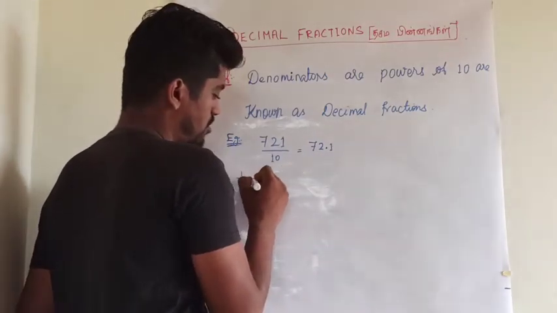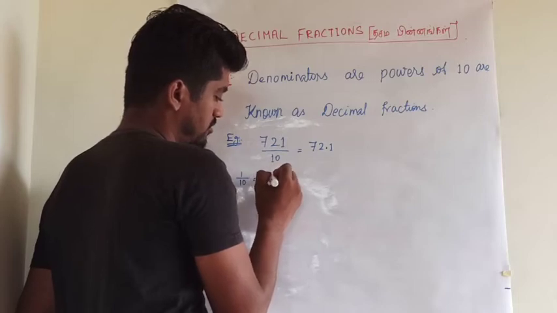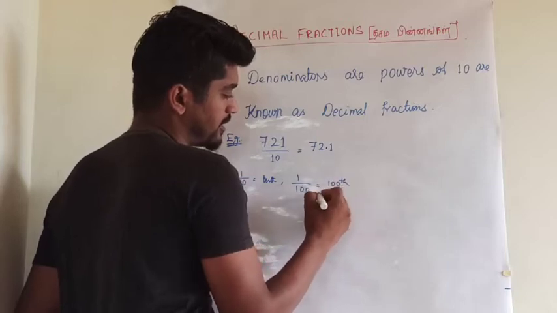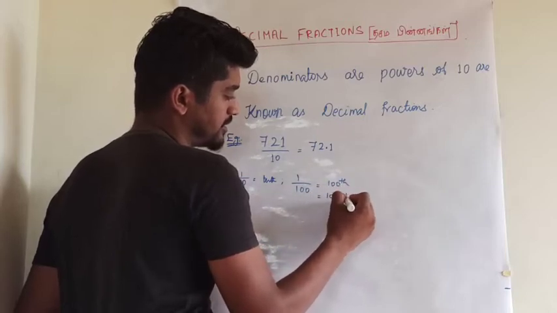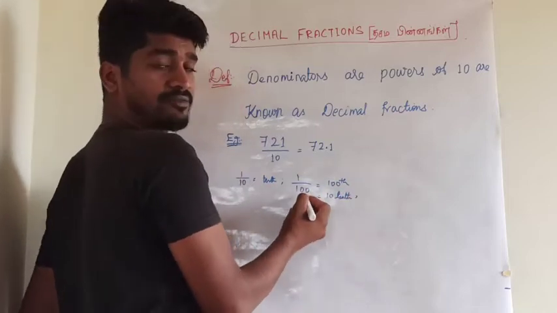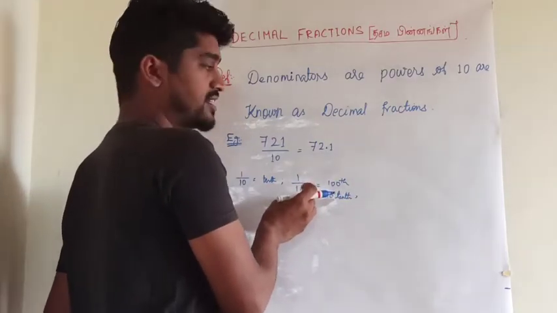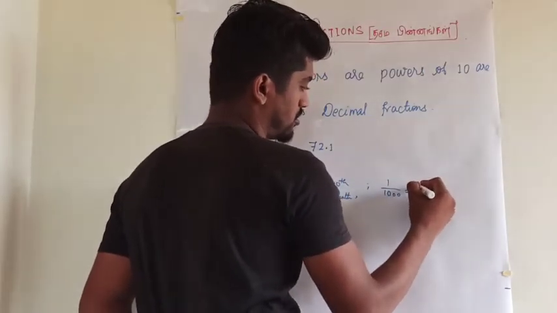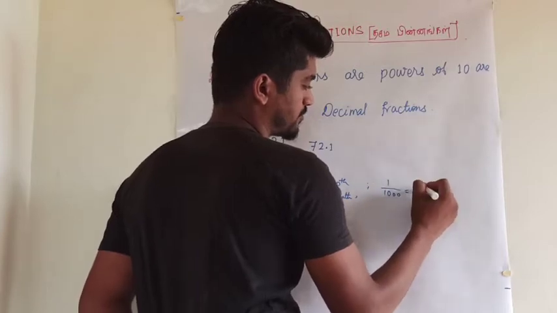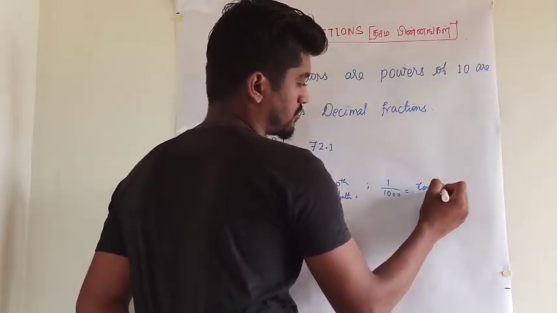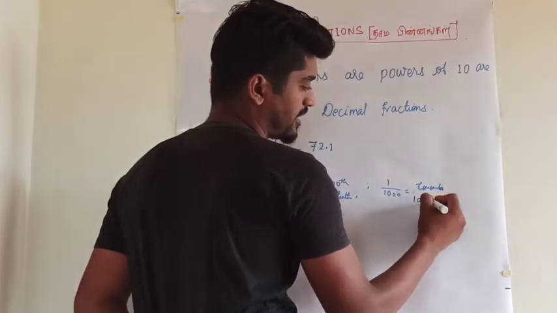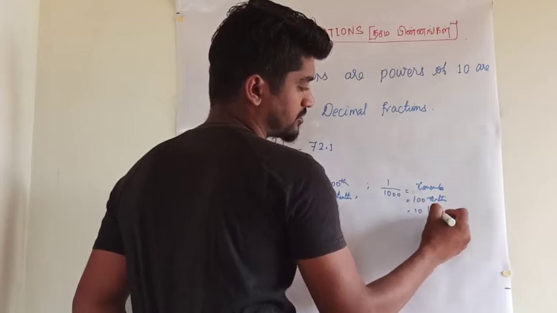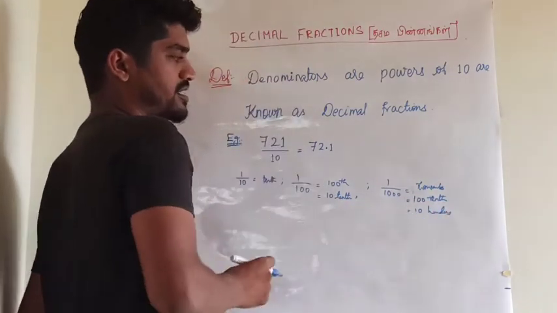1 by 10 is called tenth, and 1 by 100 is called hundredth, or 10 tenths, because 10 times a tenth is contained in 100. 1 by 1000 is called thousandth, or 10 hundredths, also the same values.